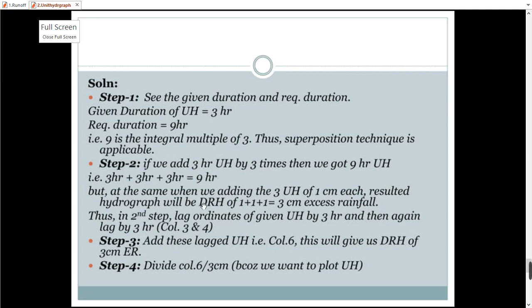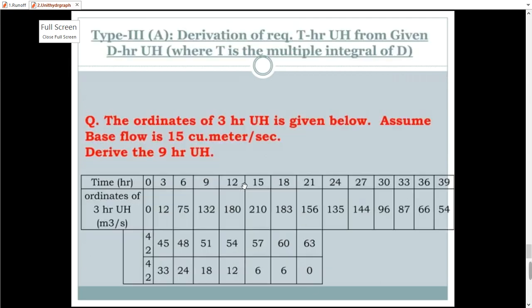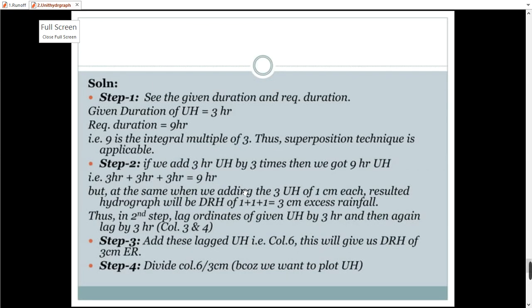Then, when we add the 3-hour hydrographs of 1 centimeter each, the resulting hydrograph will be a DRH of excess rainfall.